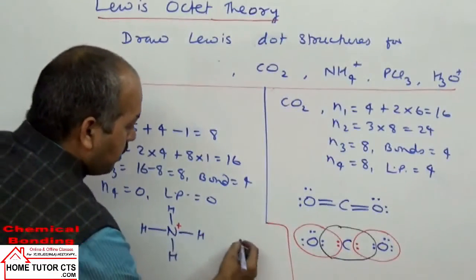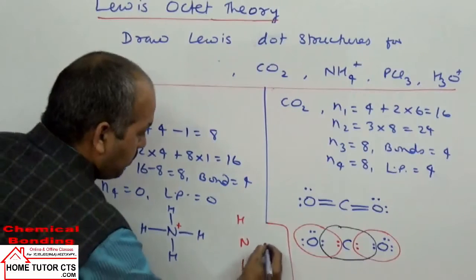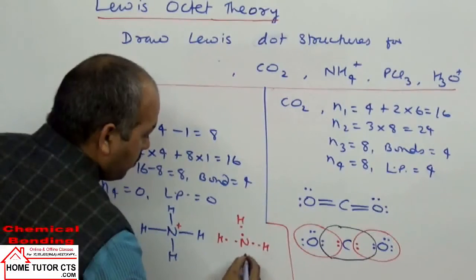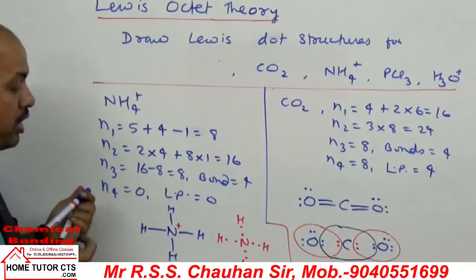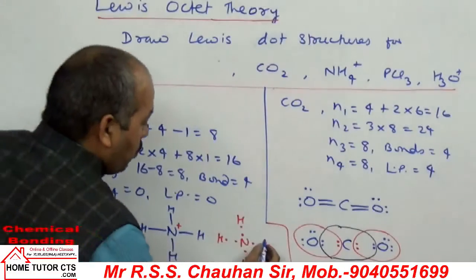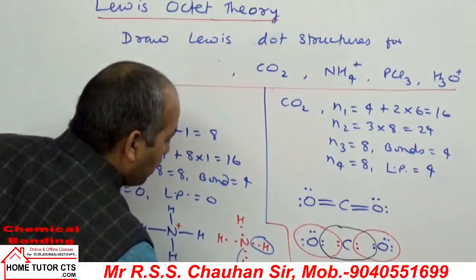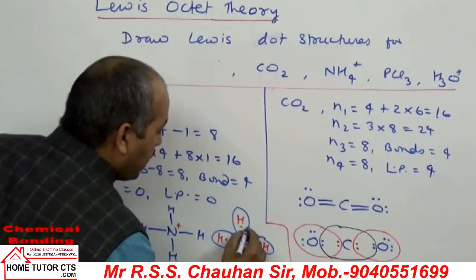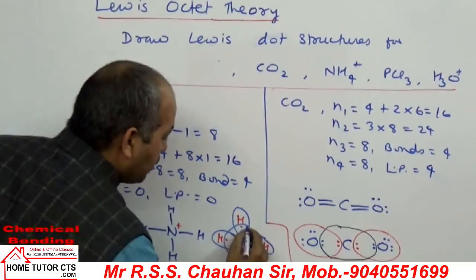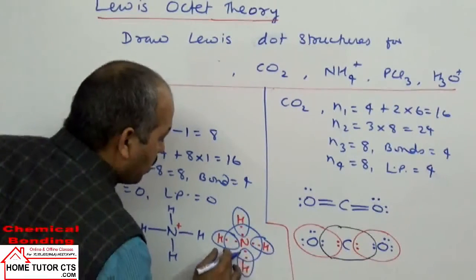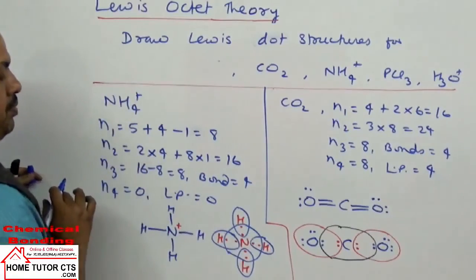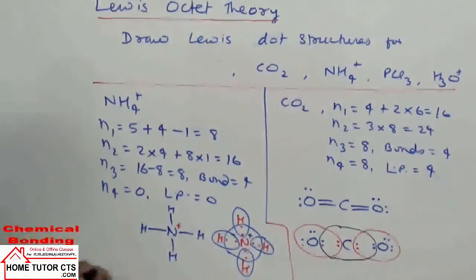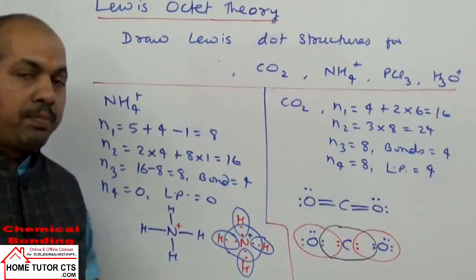If I draw otherwise, this way, each hydrogen has a complete duplet, 2 electrons, whereas nitrogen will have a complete octet. And nitrogen has +1 formal charge because nitrogen has 5 electrons, only 4 visible to you, so it will have +1 formal charge.